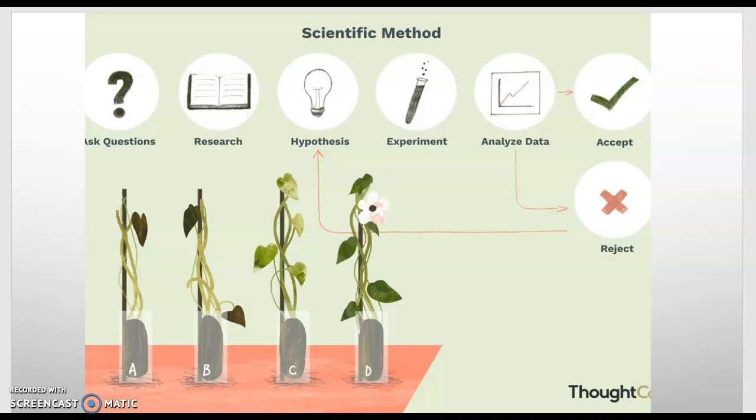And the second part of our hypothesis, the then part of the hypothesis, we talk about the dependent variable. Right? So then this will happen. Then this will be the outcome. So if we put it together, we can think about it this way. If we change something, then this will happen.